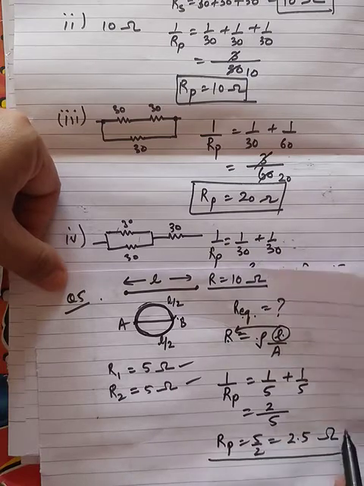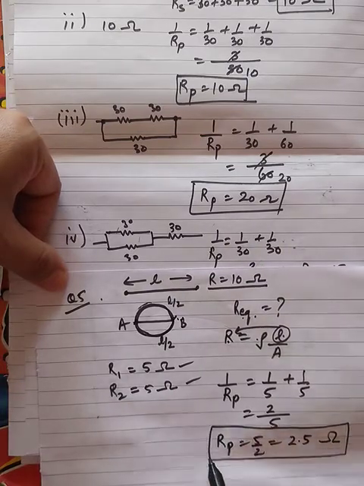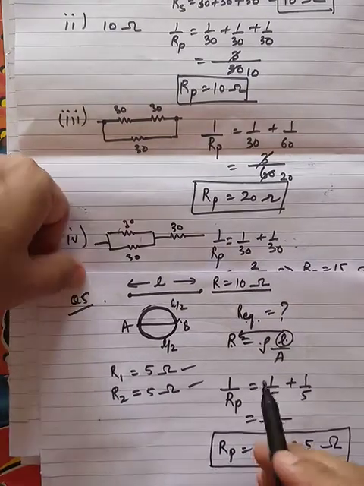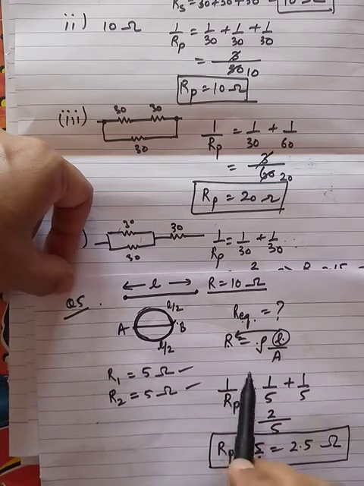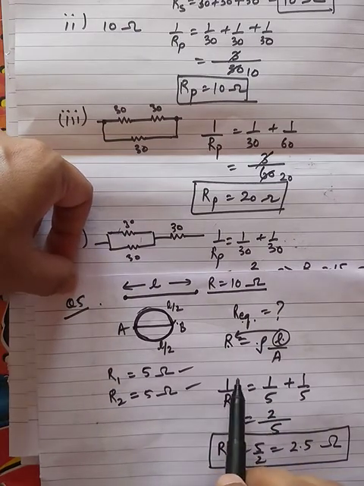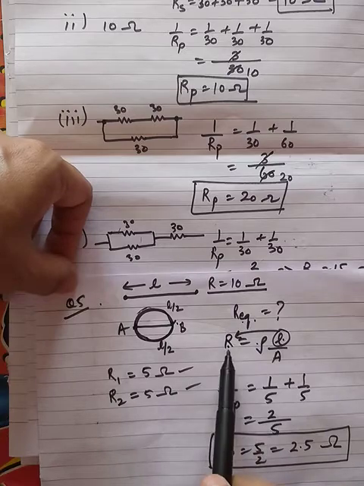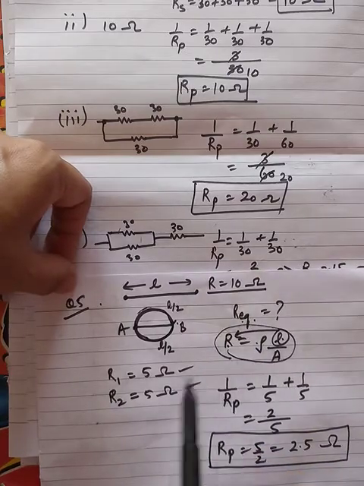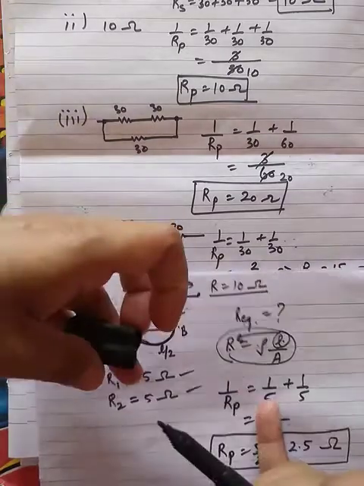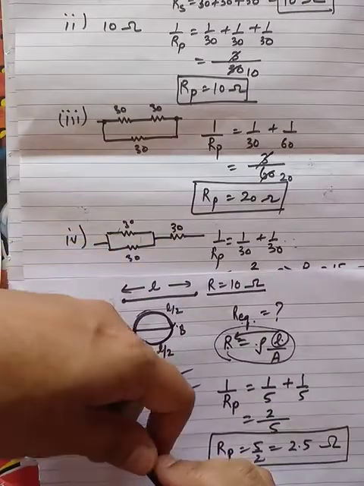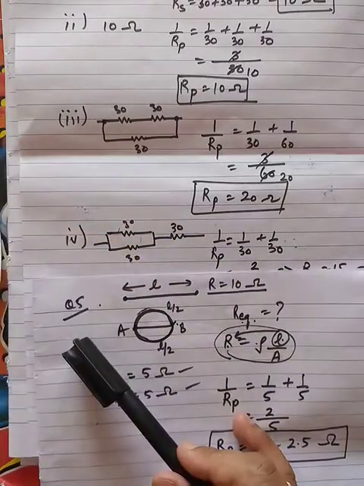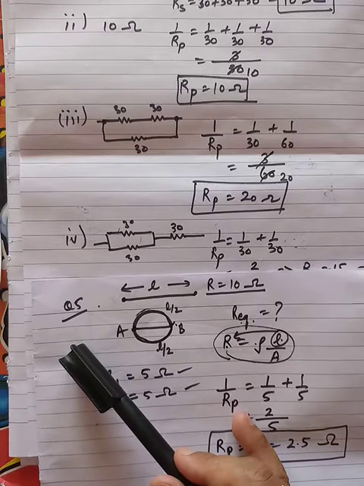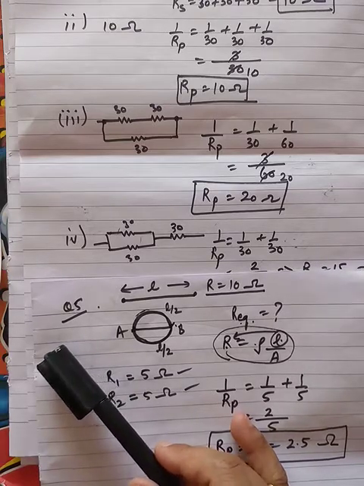This is how we have to solve this type of question. In this question, the parallel combination concept and the concept of the length and resistance relation are given, so we need both types of formula to complete this question.